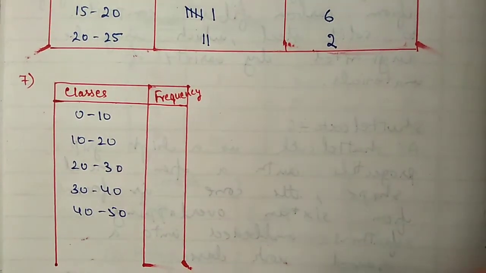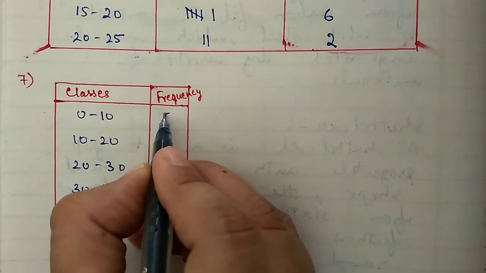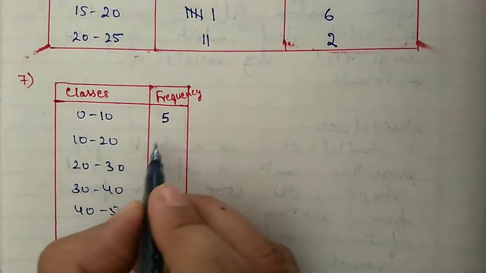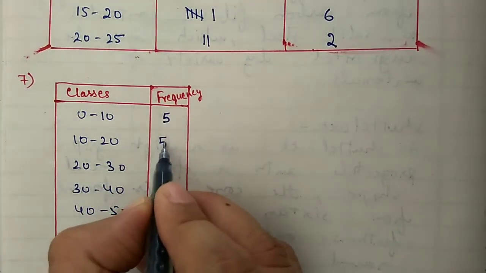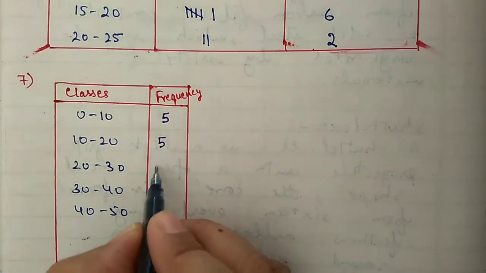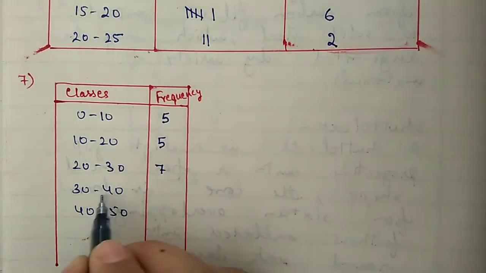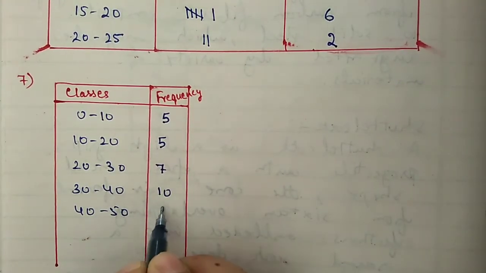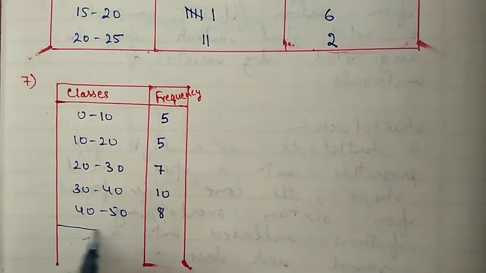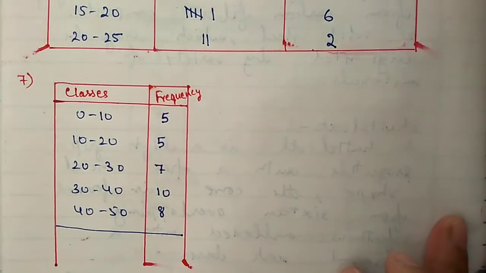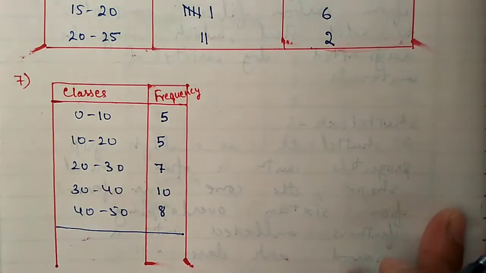So first, 0 to 10, we will count how many there are. It is 5. Between 10 to 20, 5. 20 to 30, 7. And 30 to 40 it is 10, and then 8. Count very carefully. A little mistake can change your answer.